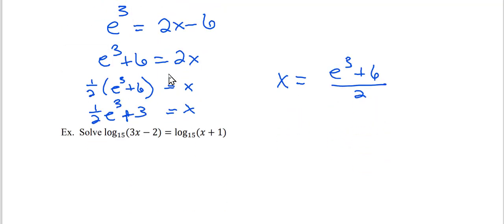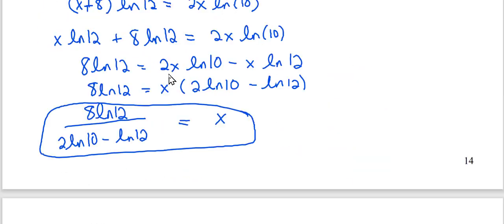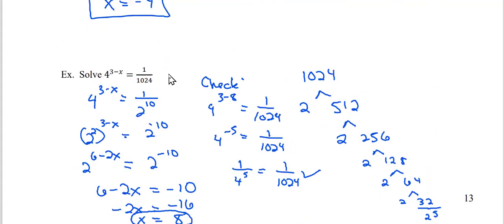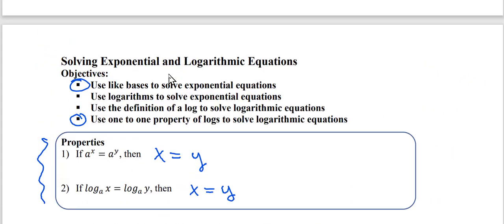All right. This one is a little different because it has 2 logs in it. And specifically in this case, it has 2 logs with the same base on opposite sides of the equal sign. That takes me back to this property that we saw in the last video.